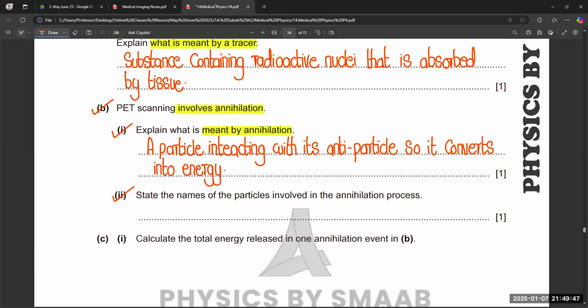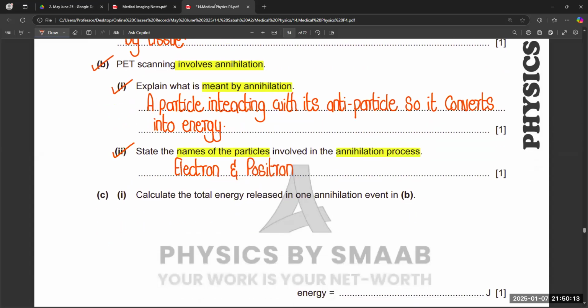And in the next part, state the name of the particles involved in the annihilation process. We already know the names: electron and positron. And we need to calculate the total energy released in one annihilation event in part B. This is related to information that we already studied in AS.